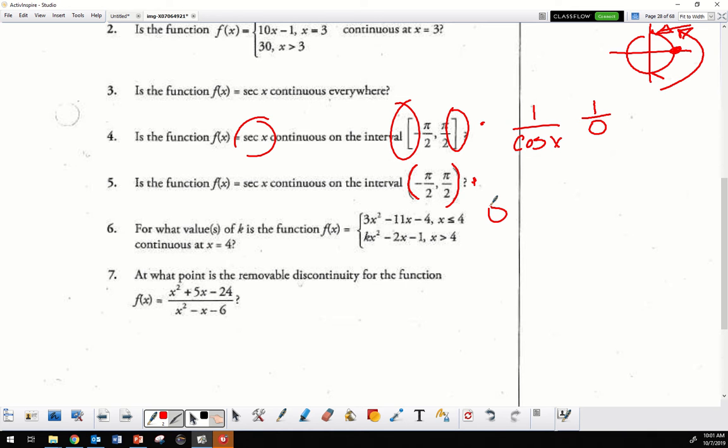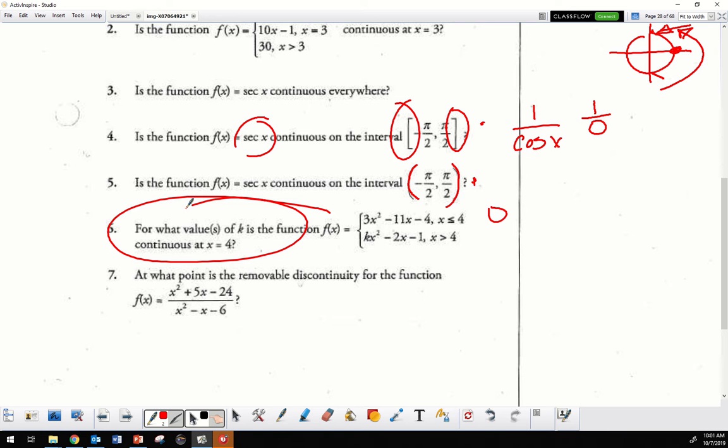This other one says that for this to be continuous, it absolutely must be continuous. So this bottom one has to be equal to what? 0. Because the left side has to equal the right side. So if this is 0, the bottom also has to go to 0.